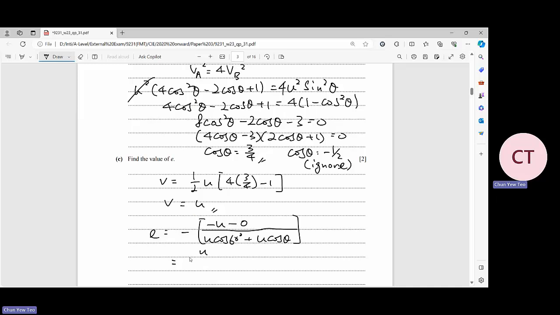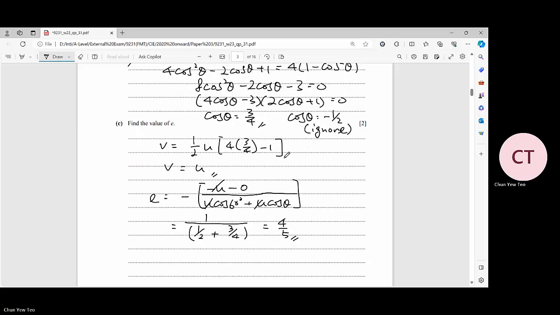And this will be positive. All the U can be cancelled. So it will be 1 over the half plus the 3 over 4. Then just press the calculator. You will get the answer as 4 over 5. Just like that. That will be the answer for the C.